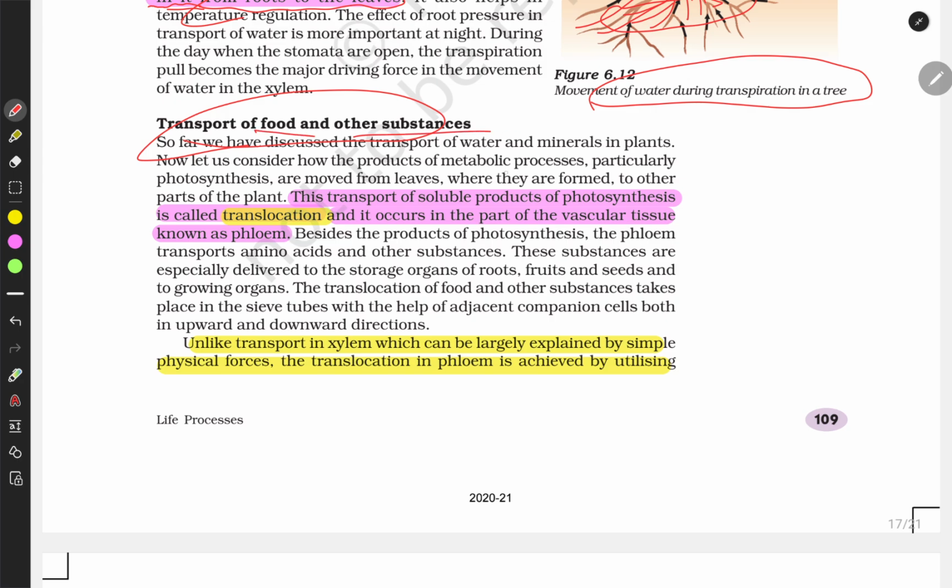Transportation of food and other substances. This transportation of soluble products of photosynthesis is called translocation, and it occurs in the part of vascular tissue called phloem.